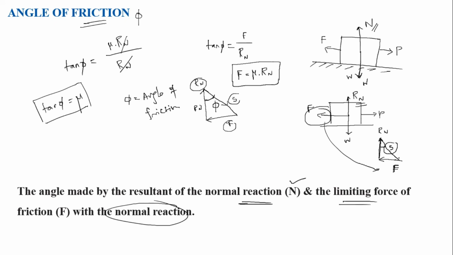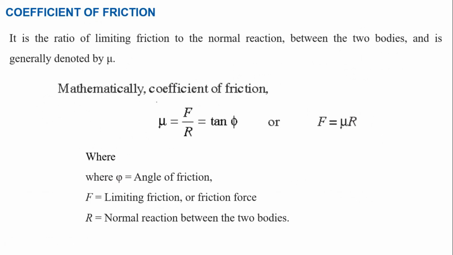Mu is the coefficient of friction, which we already discussed. We know that F is equal to mu into Rn, so mu is equal to the ratio between force and normal reaction.